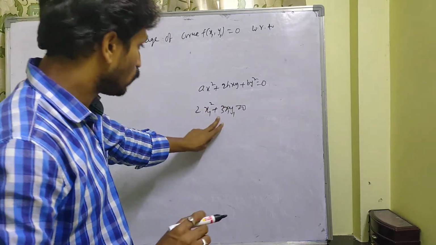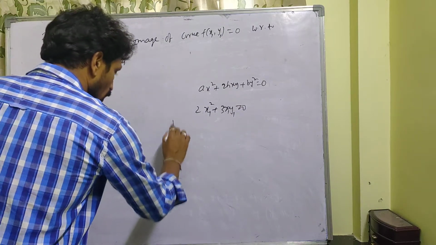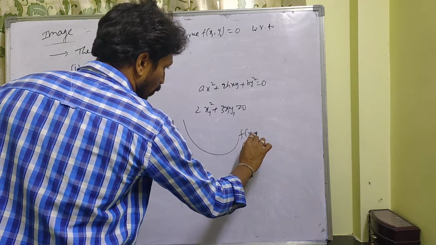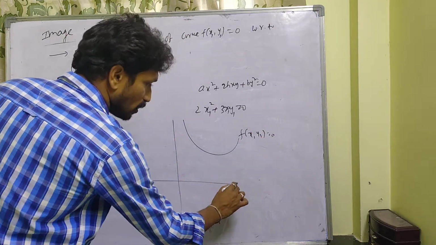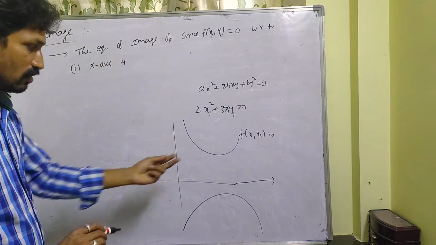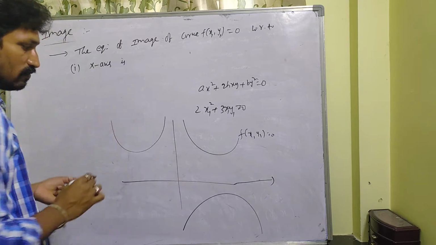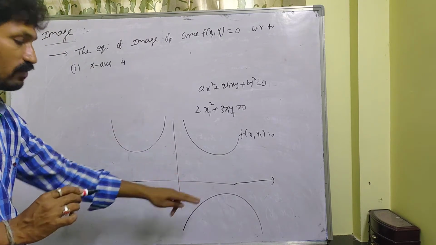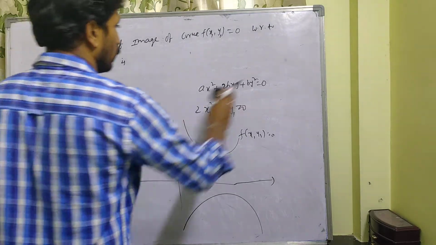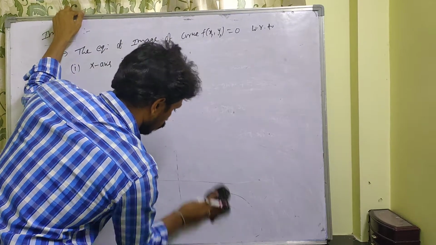Okay, so for this one we have the image with respect to x-axis. Suppose this is the coordinate axis. So it is the curve f of x1 comma y1 is equal to 0. The image with respect to x-axis will be like this, or the image with respect to y-axis will be like this. So these equations, how can you get them? I give the same formulas here, and I give one example.